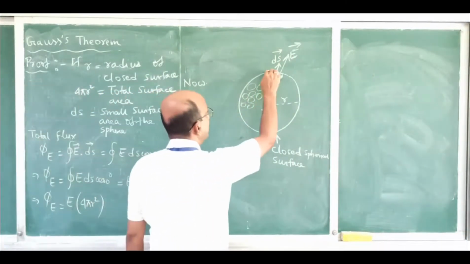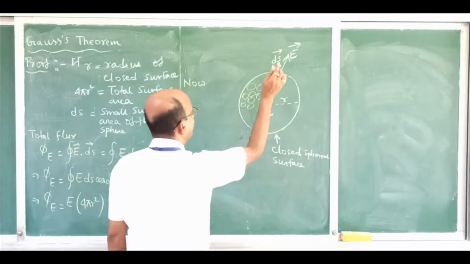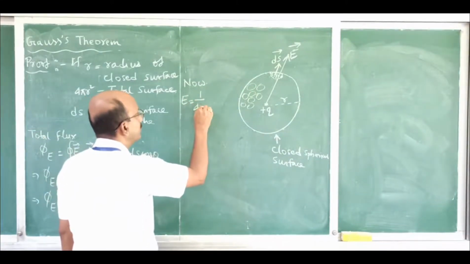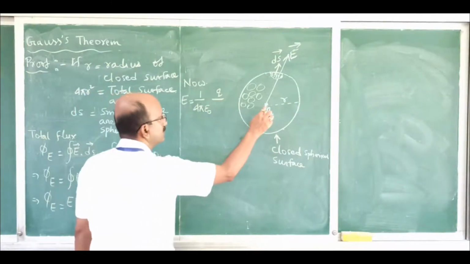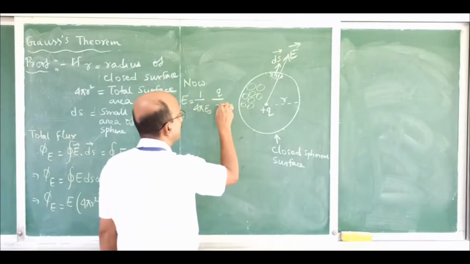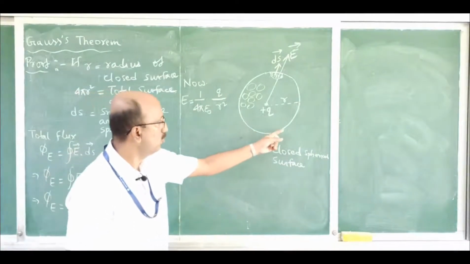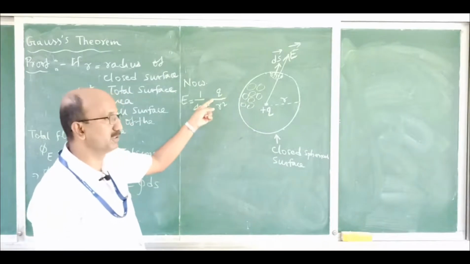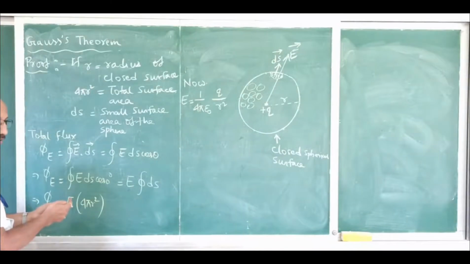So anywhere on this surface, the value of electric field E is 1 by 4 pi epsilon naught, charge q, divided by distance square. So at any point on this closed surface, the value of electric field is constant. That is why this electric field comes out of the integration. You know, a constant plays no role in integration, so it is taken out of the integration.